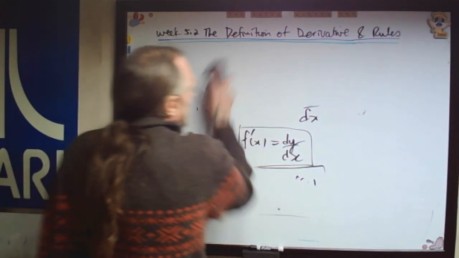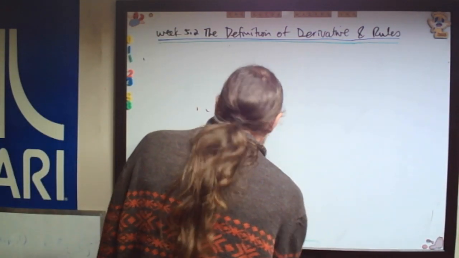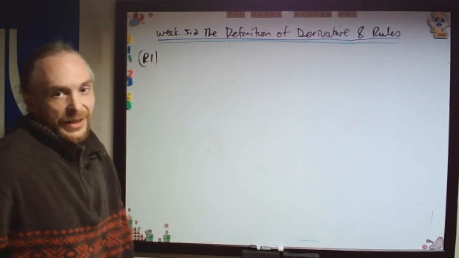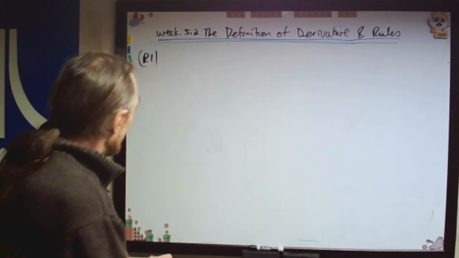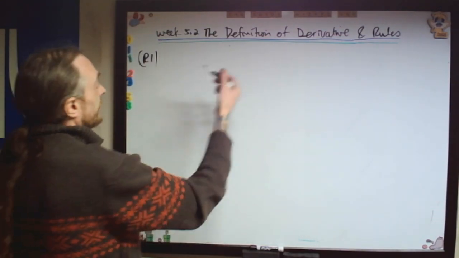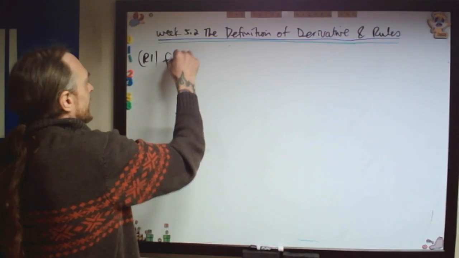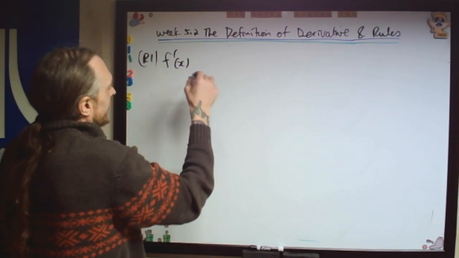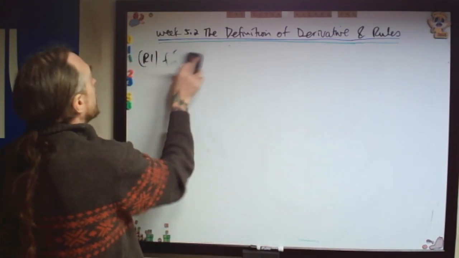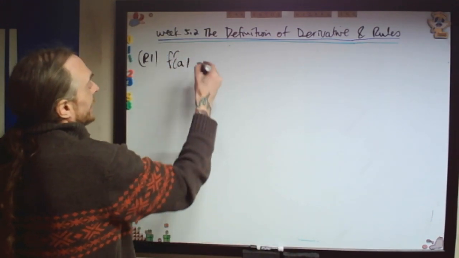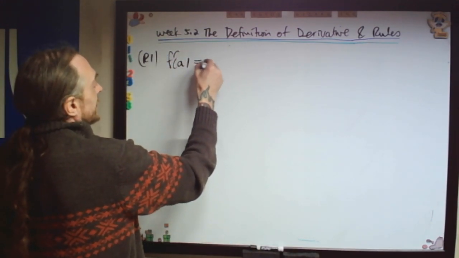Now let's do rules. Rule 1. These ones seem superfluous, but they like to put these a lot just to be careful. First of all, I want to know the derivative of all polynomials.